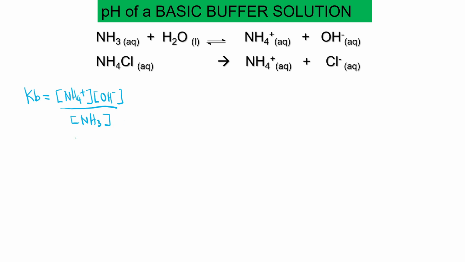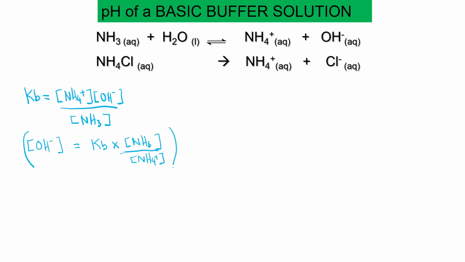So rearrange this equation, we got OH minus at the left hand side equal to Kb times concentration NH3 over concentration NH4 plus.